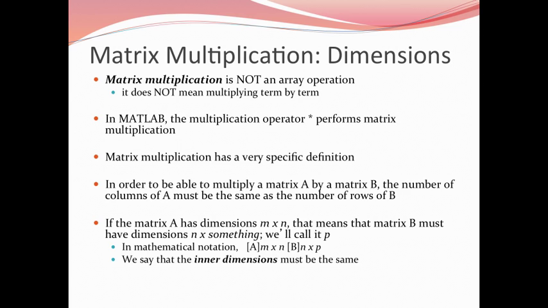So if you want to be able to multiply a matrix A by a matrix B, the number of columns of A has to be the same as the number of rows of B. So if the matrix A has dimensions m by n, that means that matrix B must have dimensions n by something, whatever. We'll call it P. So in mathematical notation, if the matrix A has dimensions m by n, then matrix B has to be dimensions n by P. And what we say is that the inner dimensions must be the same.